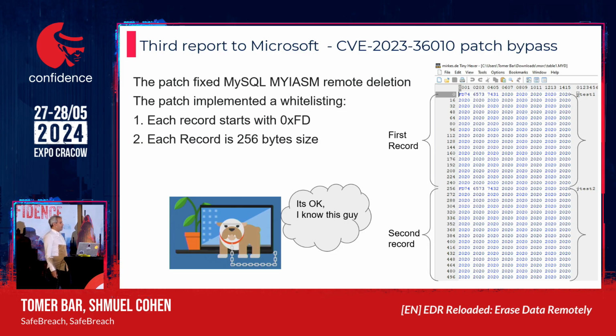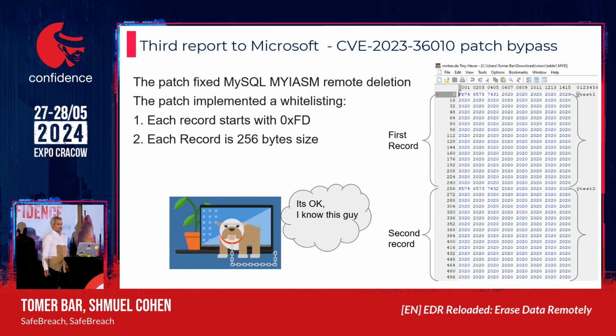Let's see if the patch had logic to fix the MySQL MyISAM remote deletion. We checked it out and found that indeed it was focused on this MyISAM format. They did it by adding a whitelist algorithm based on the MyISAM file format.